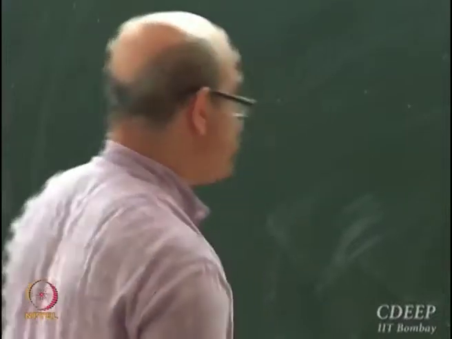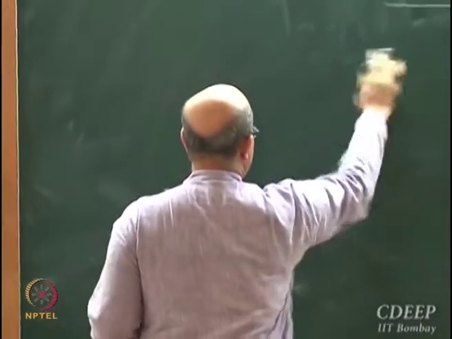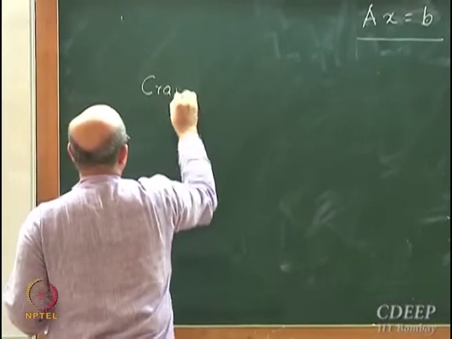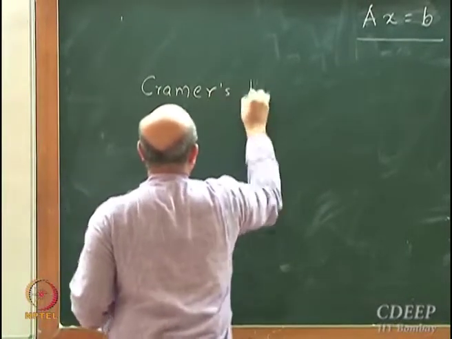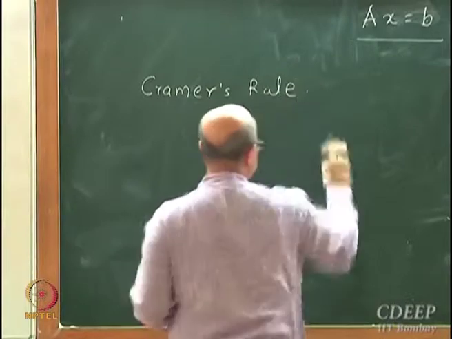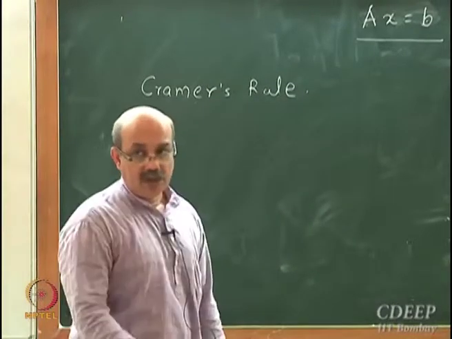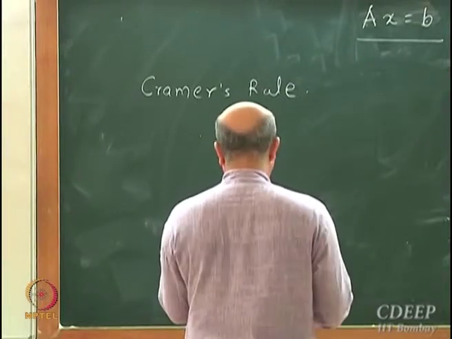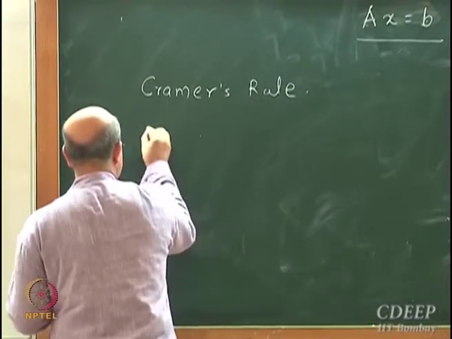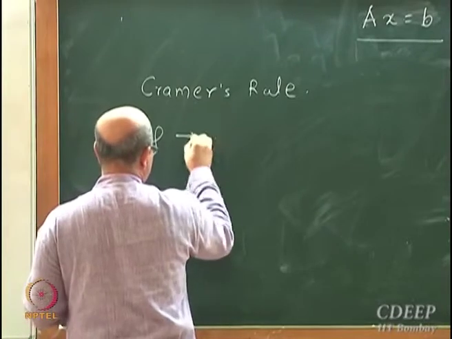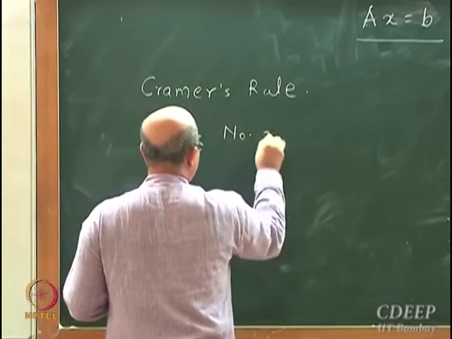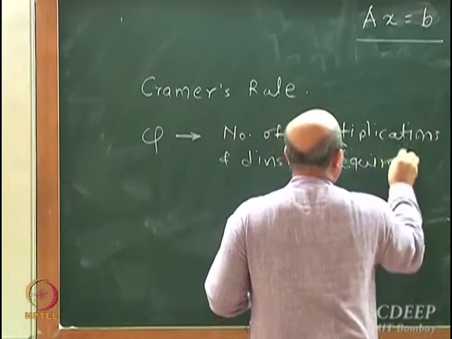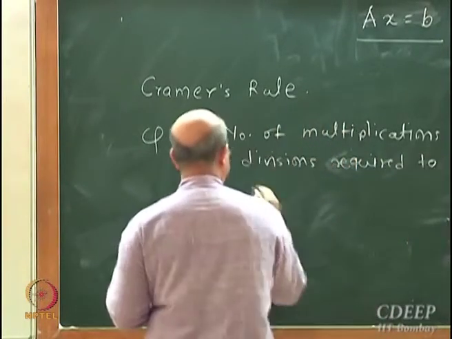So there are two methods that you know for solving Ax equal to b. The first method that you learn is Cramer's rule, okay. Now I am going to use psi to denote the number of operations required to arrive at the solution.